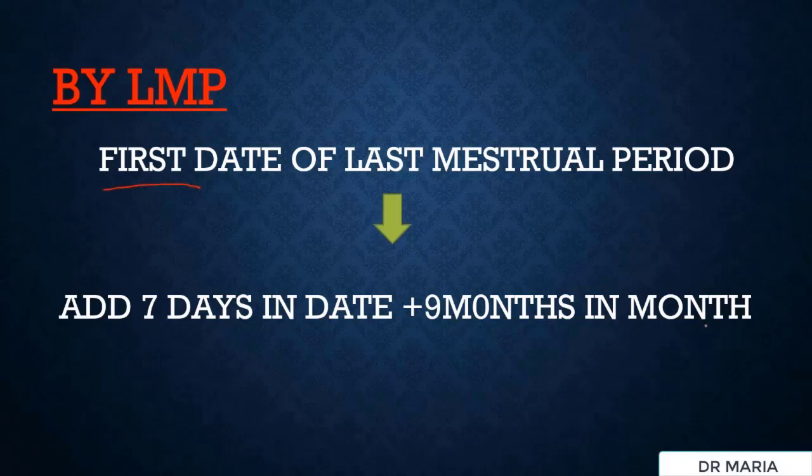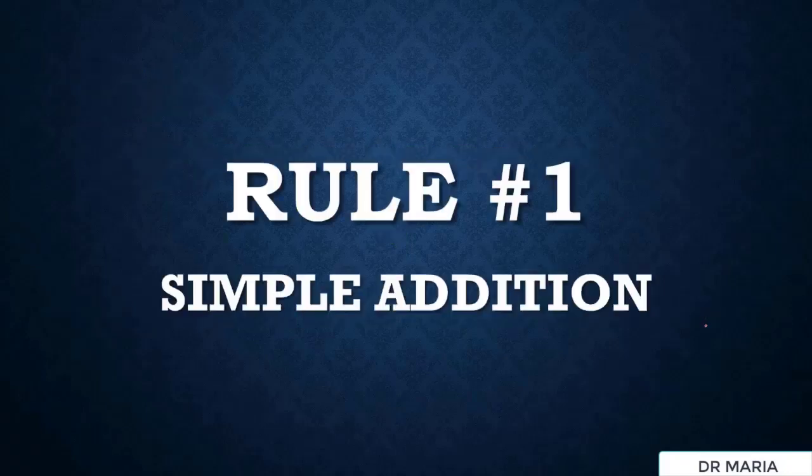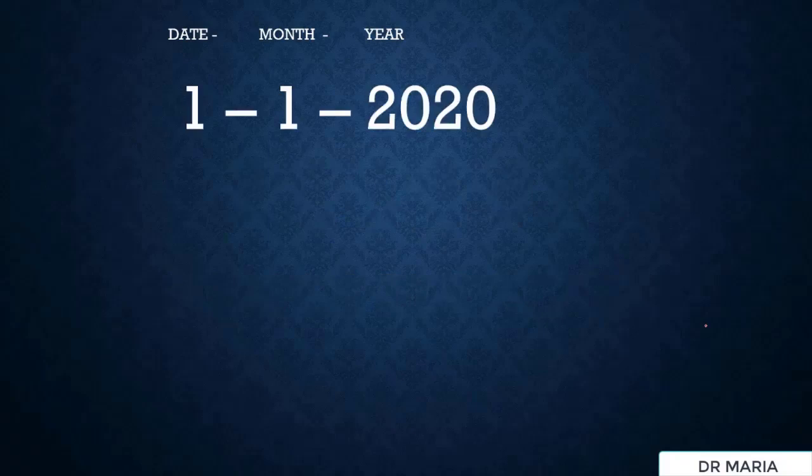In order to apply this formula, you have to remember 3 rules, so you can calculate EDD from any tricky LMP. Rule number 1: you have to do simple addition. For example, the LMP of a pregnant lady is 1st January 2020. Then you have to add 7 days in date and 9 months in month.